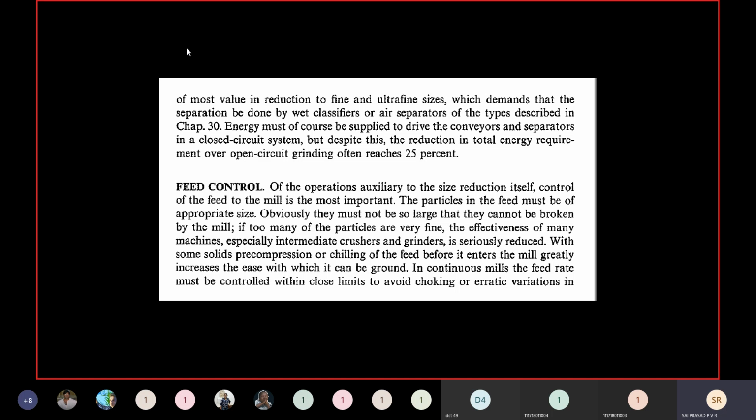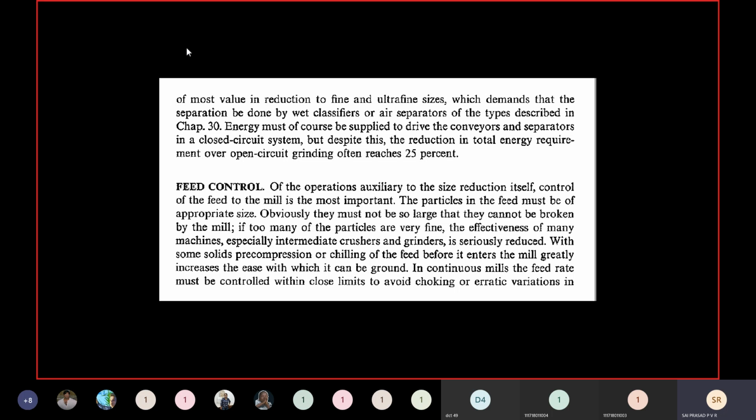They are blocking the volumes or the crushing areas. They are not allowing other particles to come, because they also have some amount of mass. And if the concentration is increasing, the losses will be more. So finally, though we have so many equipments in the closed circuit grinding, if you see the net energy consumption, it will be 25% less than that of the open circuit grinding. This is a valid statement.